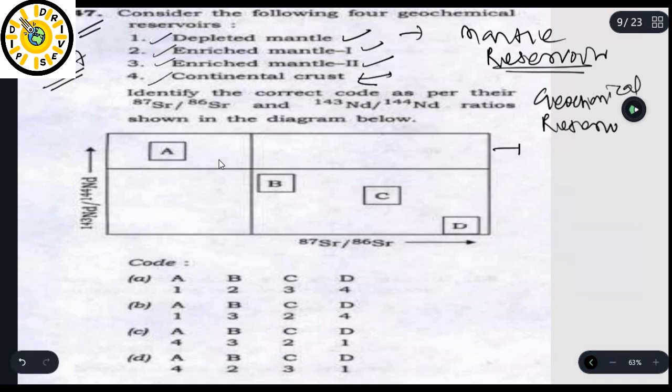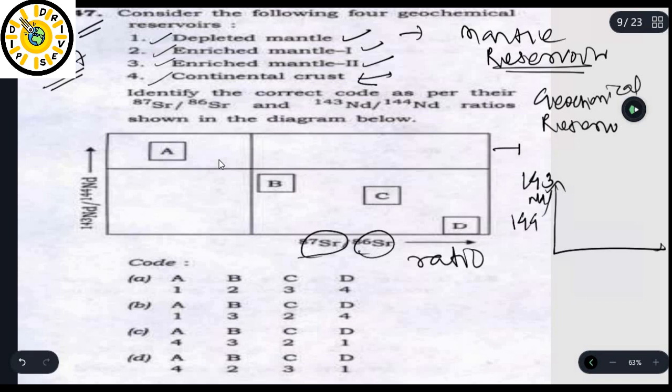Okay, so identify the correct code based on the 87Sr/86Sr ratio. So this is the plot between 143Nd/144Nd and 87Sr/86Sr.